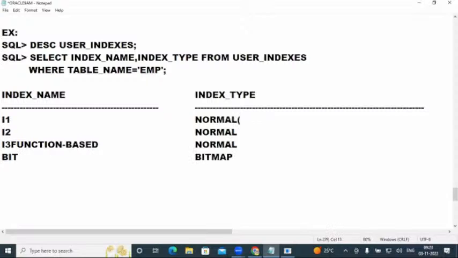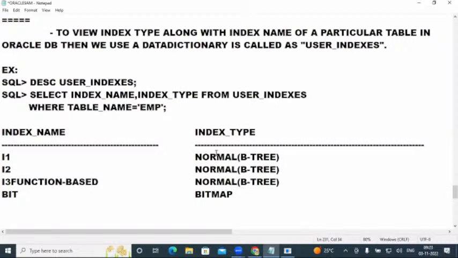And your normal index is nothing but the default index, B-tree. It is also B-tree.